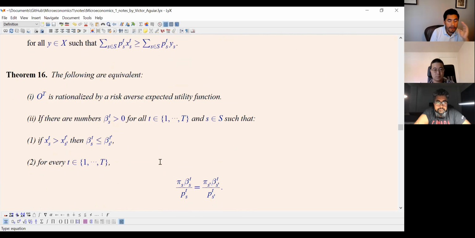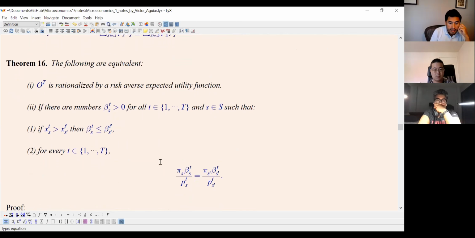Now, I have this special case of Afriat's theorem that gives me a simple non-parametric test, right? So O_T is rationalized by a risk-averse expected utility function. This is equivalent to the following statement: there are numbers V_S^T.